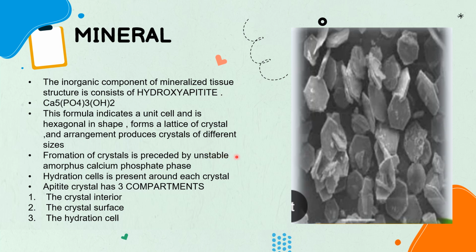Crystal formation is then followed by an unstable amorphous calcium phosphate relationship. There is a layer of water present around each crystal called the hydration cell. Apatite crystal has three compartments: the interior crystal, the crystal surface, and the hydration cell.